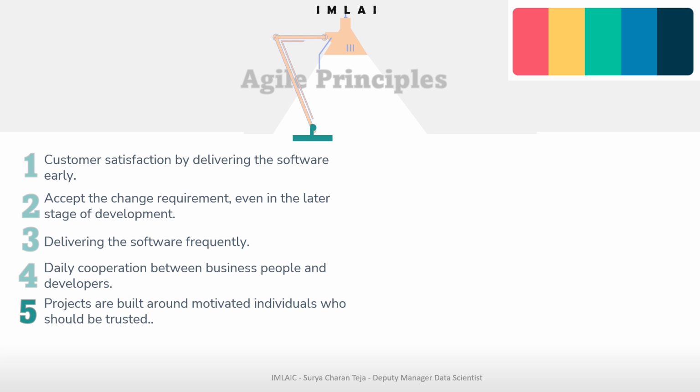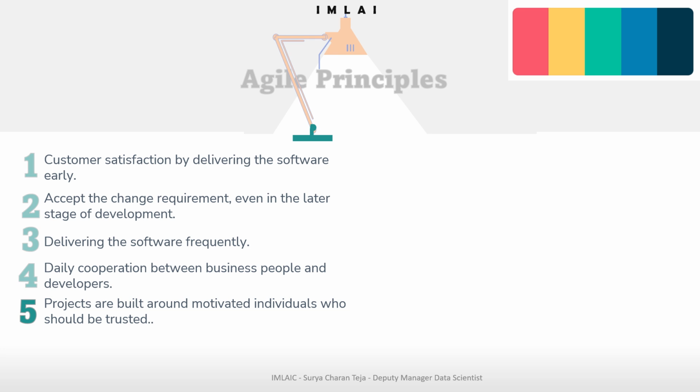There won't be any necessity for micromanagement of individuals. As a developer, as a data scientist, as a DevOps guy, even I like the agile principles, because it increases the trust between the people who are working around.